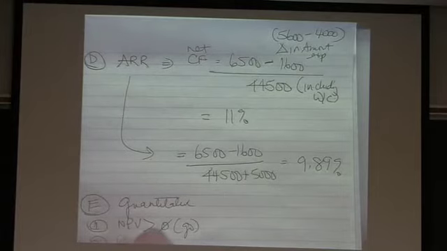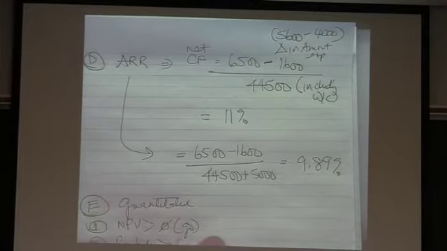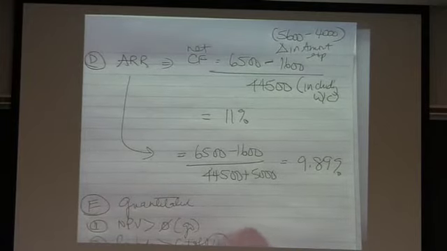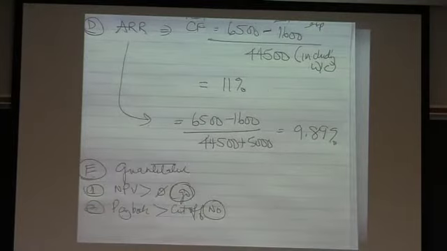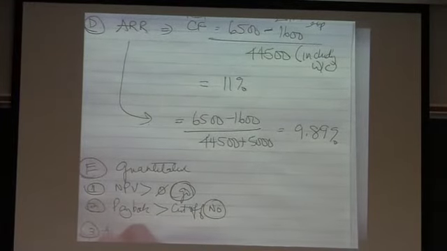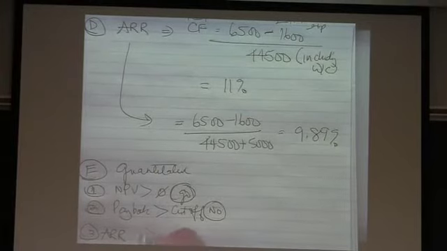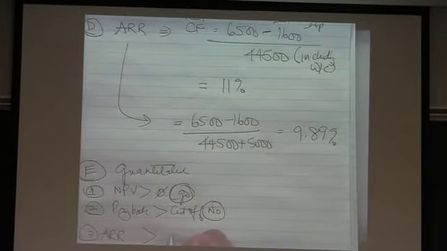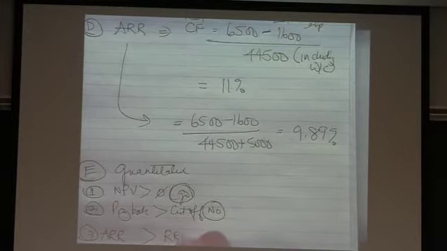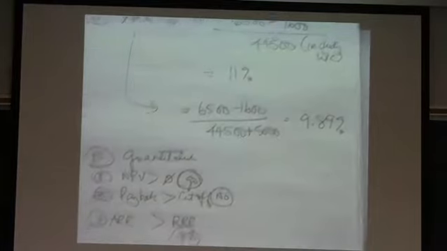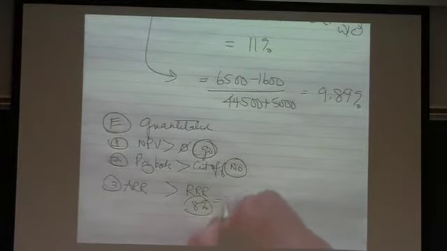Number 2, payback is greater than cutoff. That means it's a no. And the accounting rate of return is greater than the required rate of return of 8%. So either one of these still gives us above 8%. So this is a yes, so go.